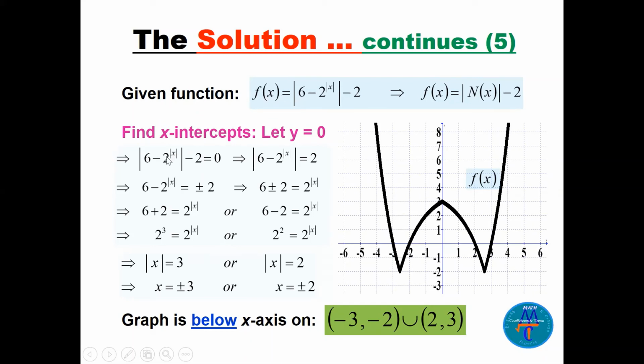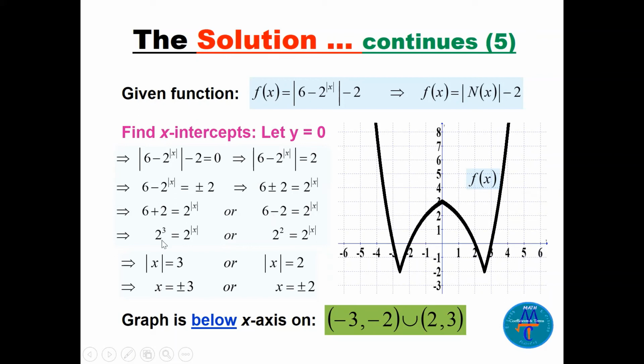So I have absolute value minus 2 is equal to 0. Take 2 to the other side. So this is an absolute value equation. So the inside will be plus or minus 2. Rearrange it: 2 to the power absolute value of x is equal to 6 plus or minus 2. So I take two cases, 6 plus 2 and 6 minus 2.